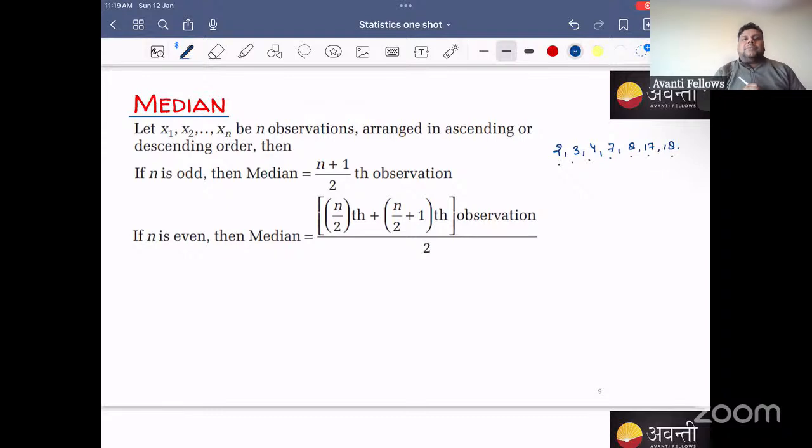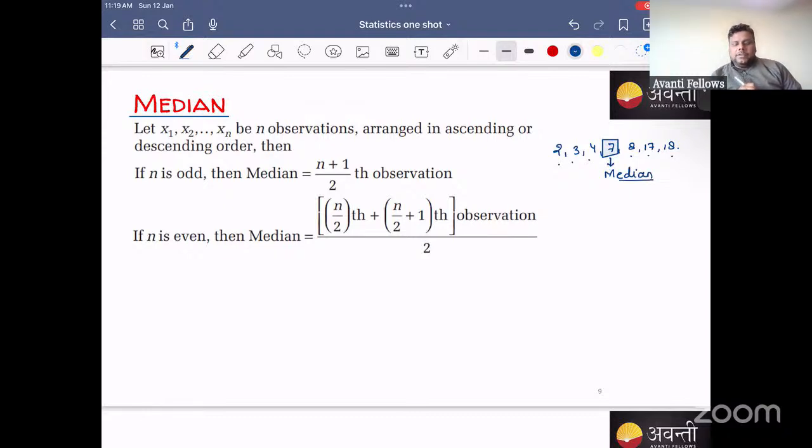There are an odd number of observations. So if I arrange all the observations in ascending or descending order, the exactly central observation, this, is what we call median.